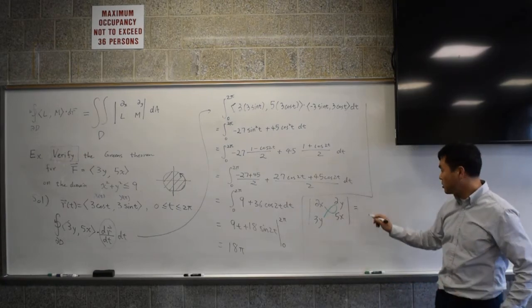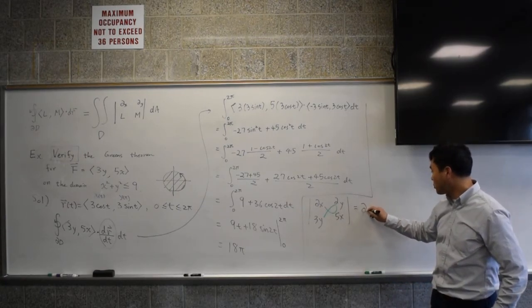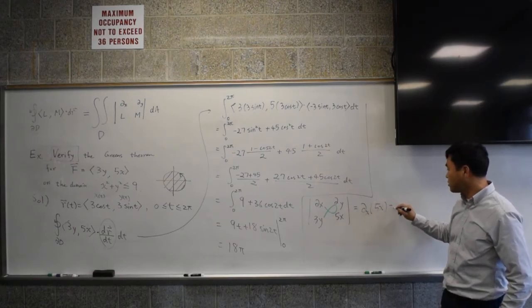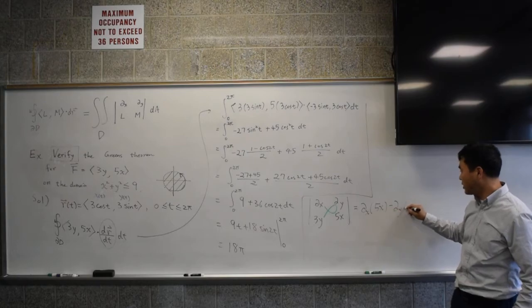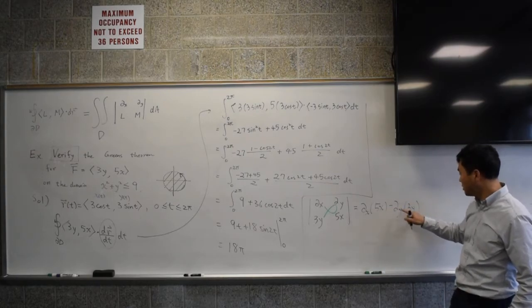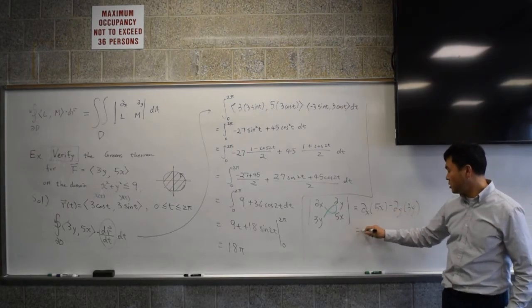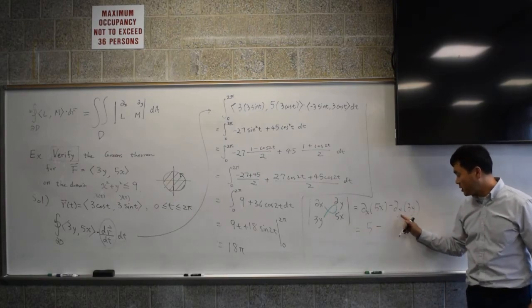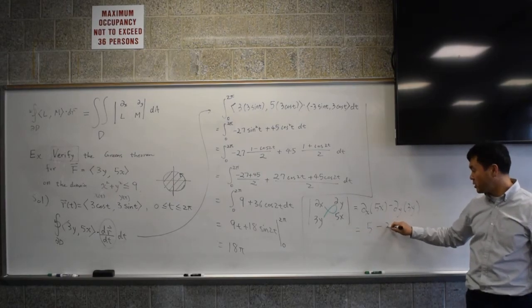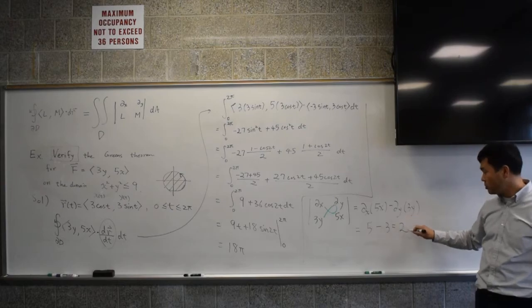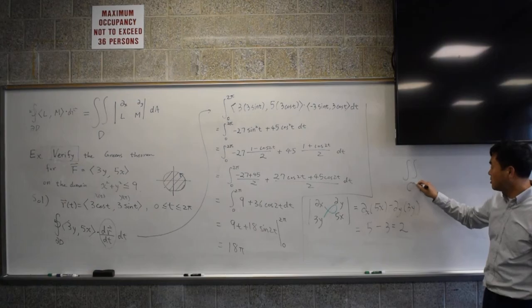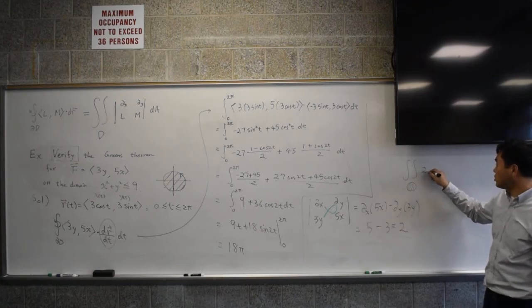If I write it down, that means partial with respect to x hits 5x minus partial with respect to y hits 3y. If you differentiate 5x by x, you get 5. If you differentiate 3y by y, you get 3. So you get 2. And then you're trying to integrate on this circle 2 dA.